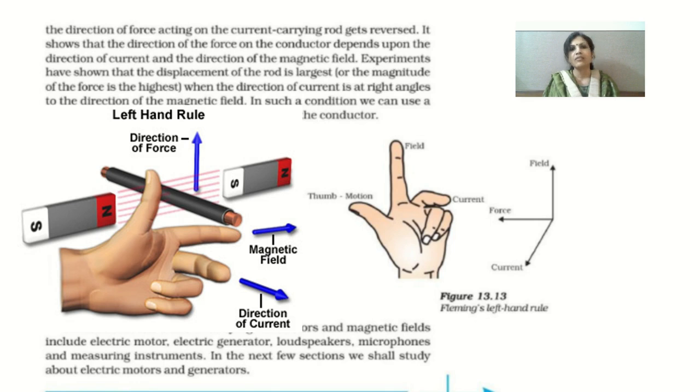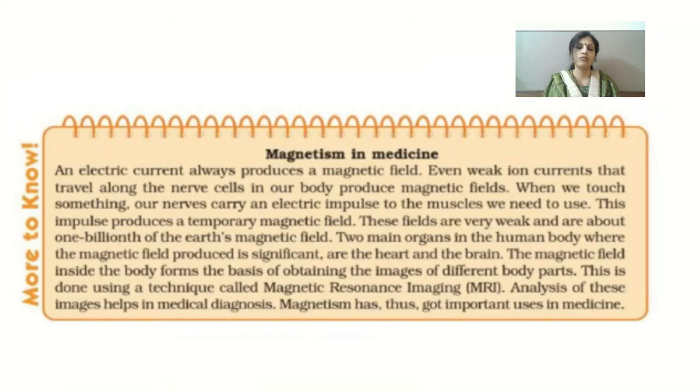After this, there is an application of this magnetic field in the field of medicine also. We all are aware that our body is a good conductor of electricity. There are so many ions present inside our body. So when we touch something, our nerves carry an electric impulse to the muscles we need to use.